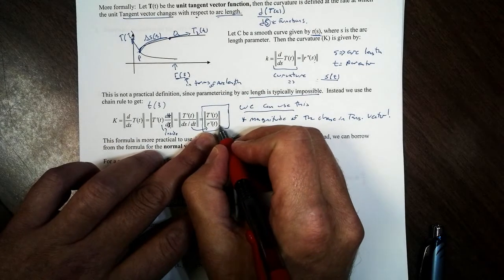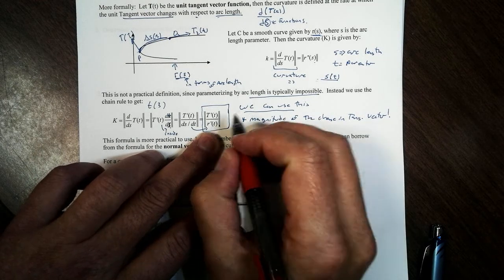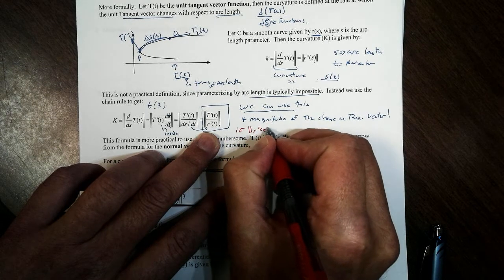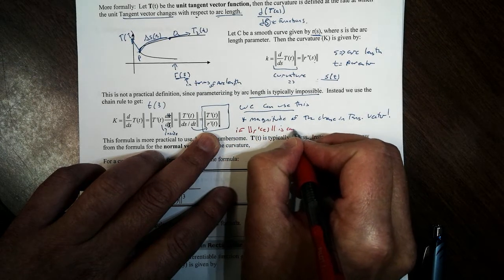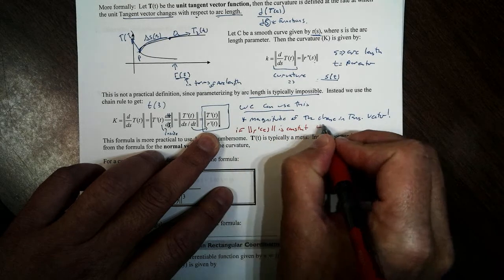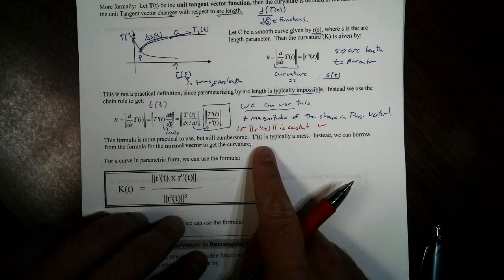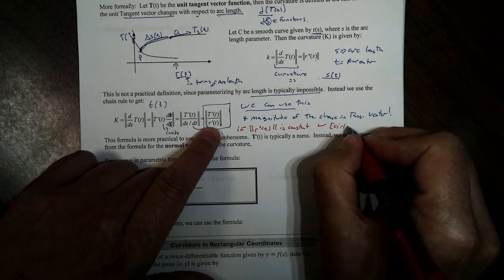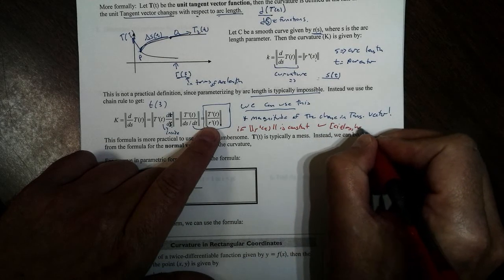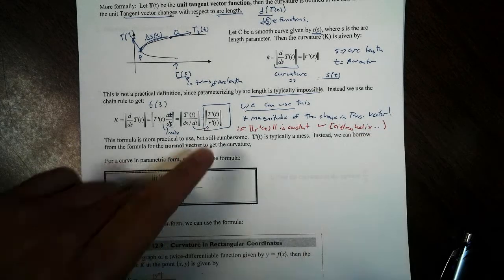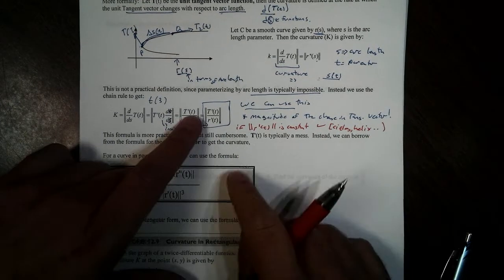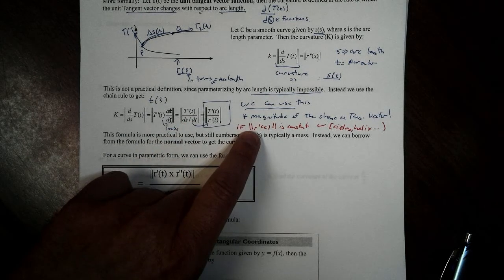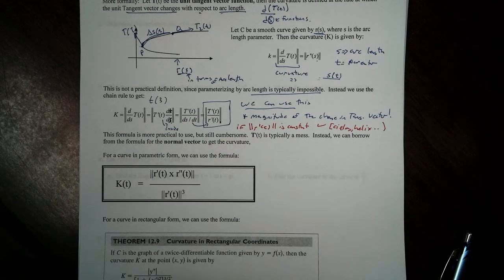We saw this when we did the binormal, the normal, and the tangent vectors. If the magnitude of r prime of t is constant, this is easy. We like it. We're happy. But if it is not constant, it's not very easy for us. If we're looking at circles, the helix, which is our spiral, or lines, this is a very nice and easy formula for us to use. If the magnitude of r prime is constant, this is going to be really easy.